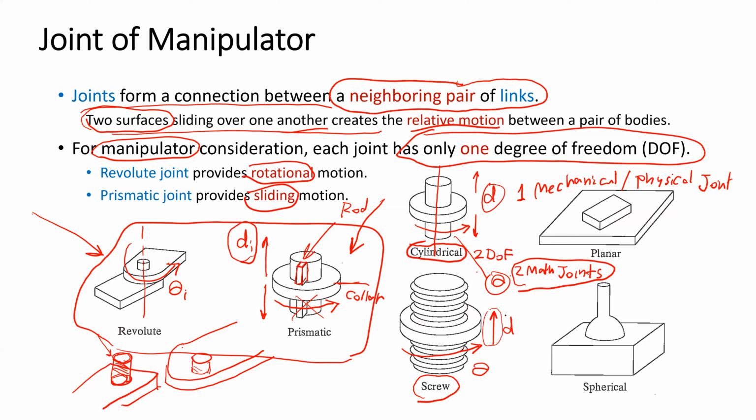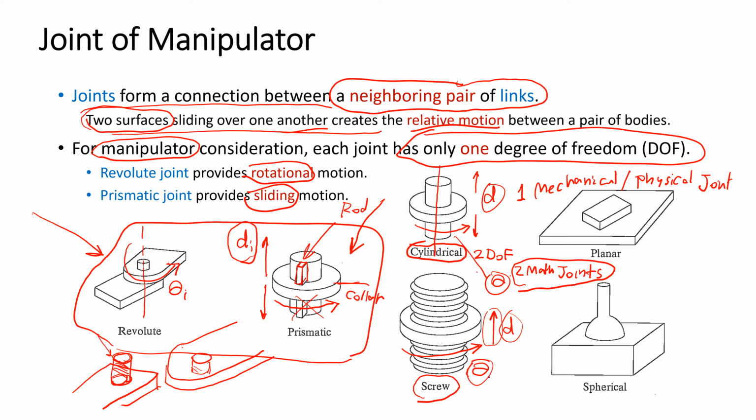It seems like we have 2 possible ways of motion in the screw joint. By the way, we don't have freedom between these 2 degrees. These 2 degrees are constrained by the thread of the screw.